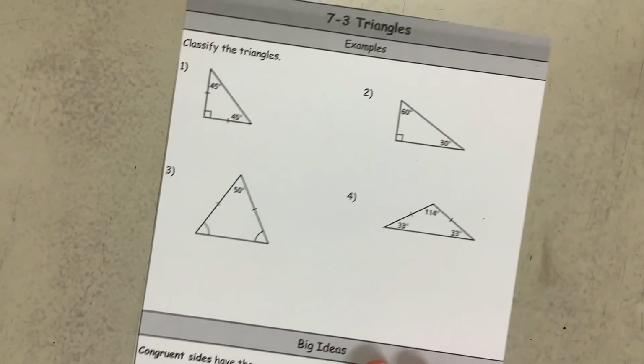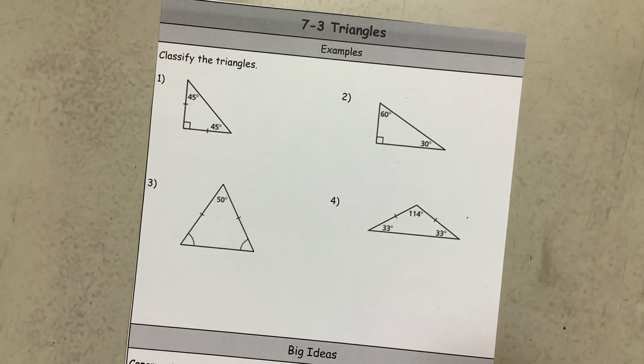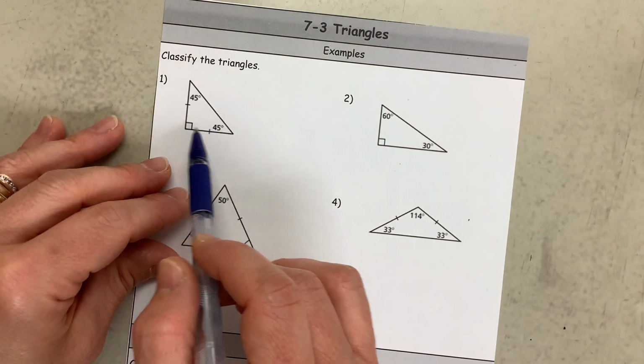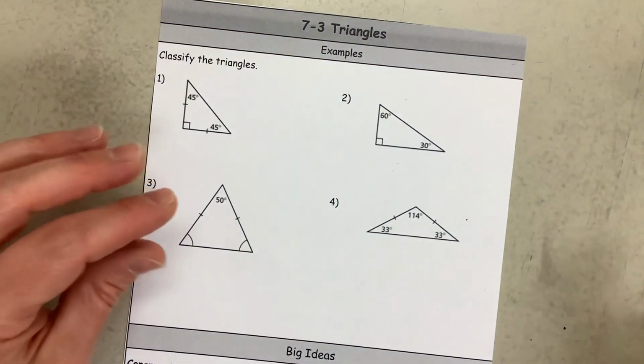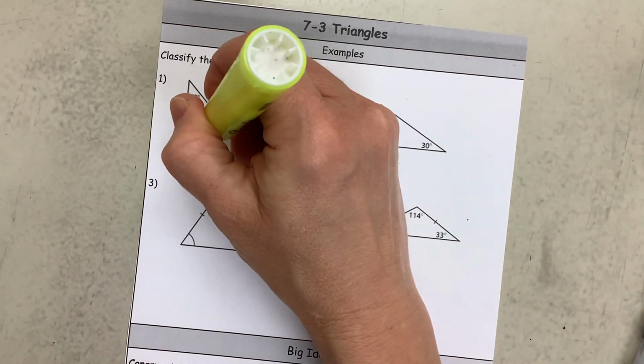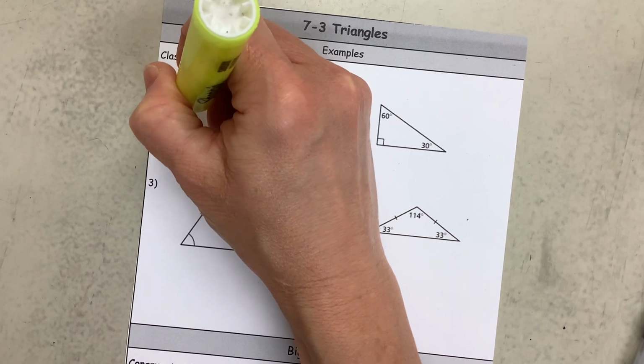All right, so we are looking at this page here. Again, you can put it in your notes book, or you can print this out and fill these in. When we have these lines here, these little tick marks show that these sides are the same.